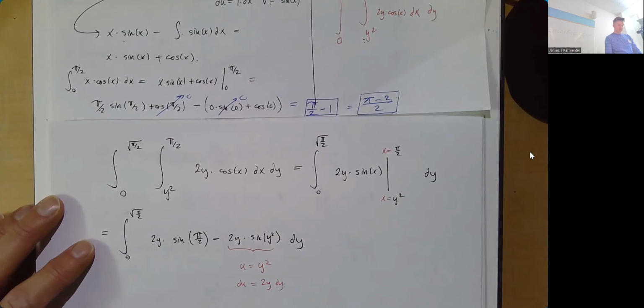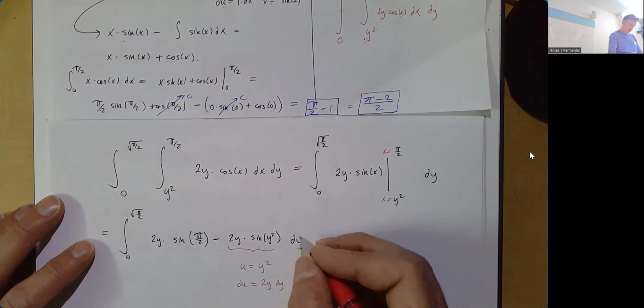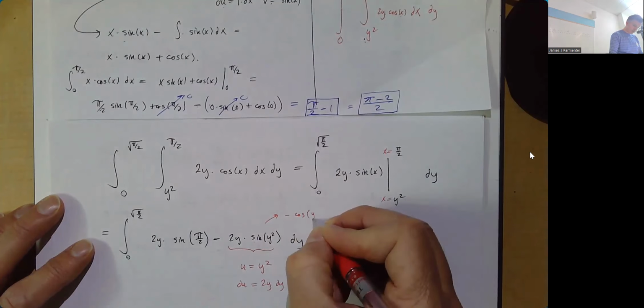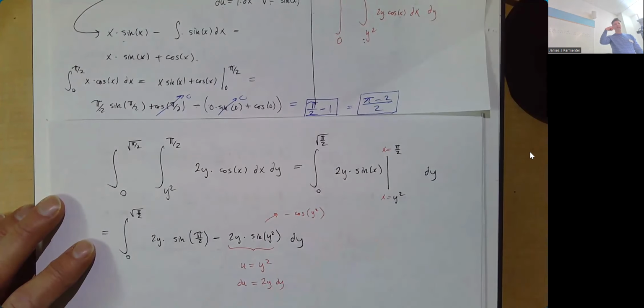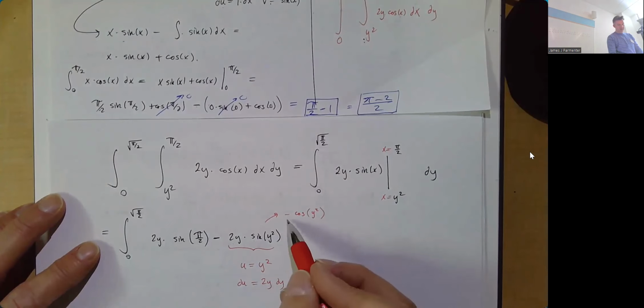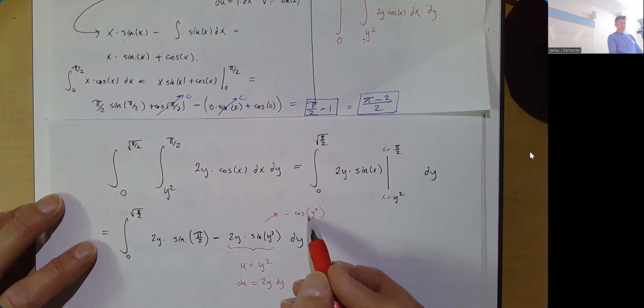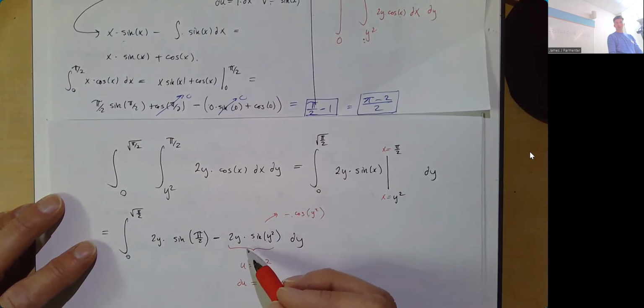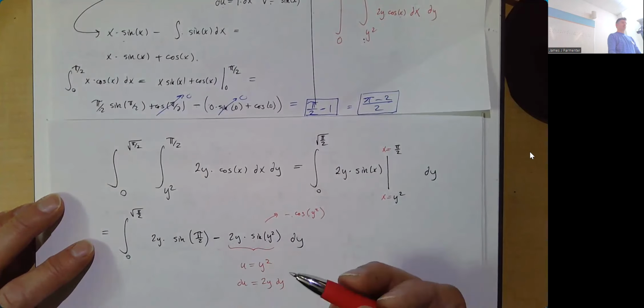Exactly, negative cosine of u. So the antiderivative here should be negative cosine of u, which is our y squared. Let's check that to see if it works. If I take the derivative of negative cosine of y squared, I should get positive sine of y squared times 2y. Oh, that's exactly that. We're good to go. And then the minus will actually make it a plus.